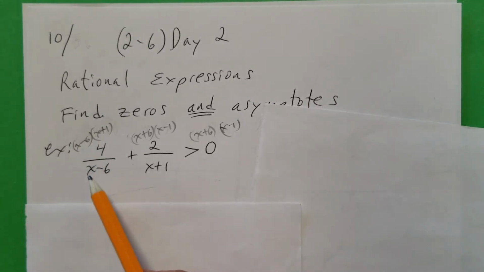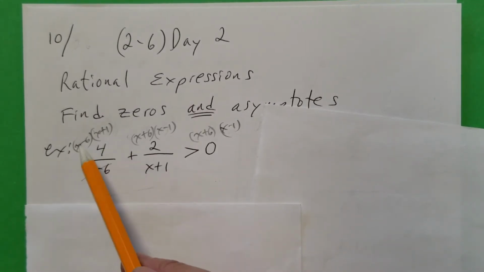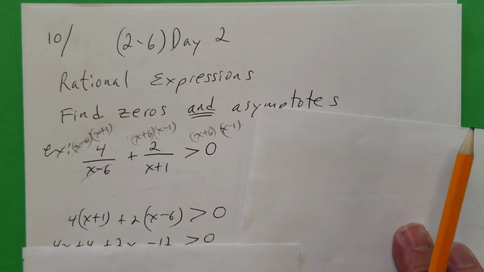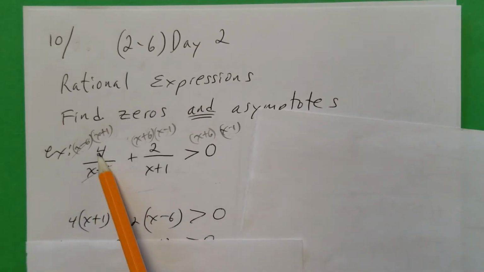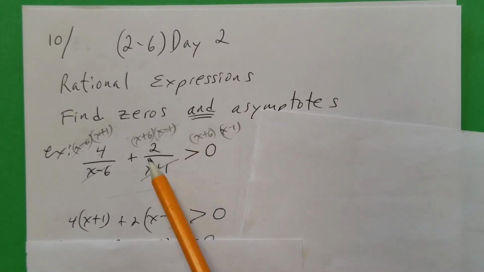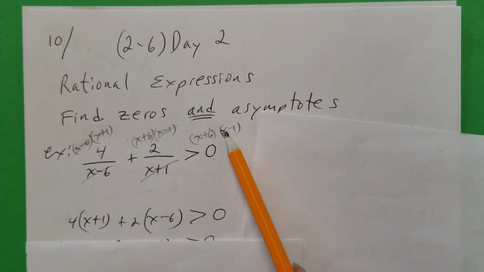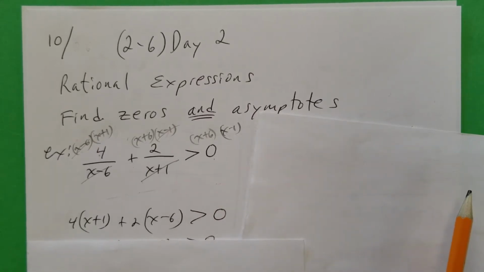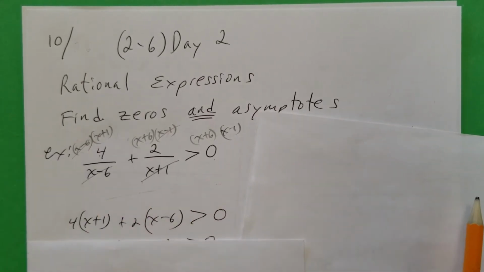So we come back here. What cancels here? The x minus 6 cancels, so we're left with 4 times x plus 1. Here, the x plus 1 cancels, so we're left with 2 times x minus 6. There it is. And 0 times anything is 0. So we got rid of the fraction part.